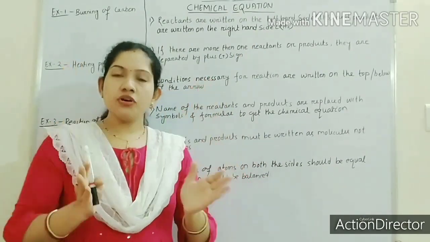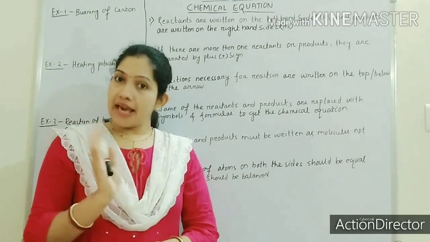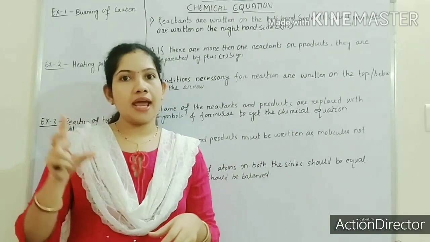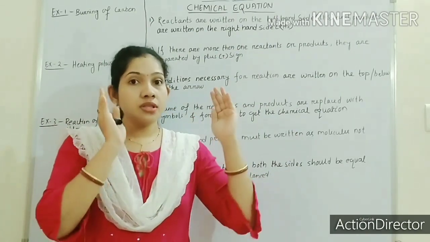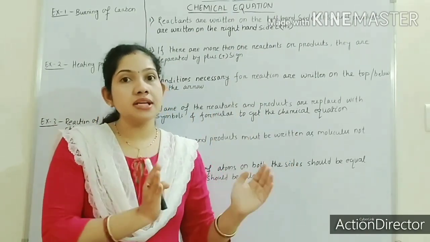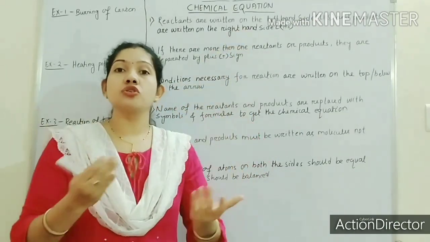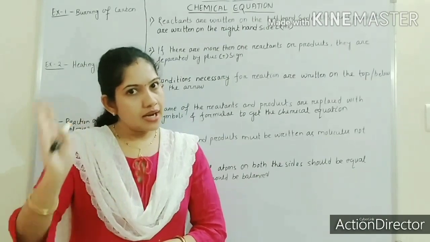Whenever we are talking about a chemical reaction, it involves both reactants and products, is it? So the reactants should always be written on the left hand side and the products should always be written on the right hand side.